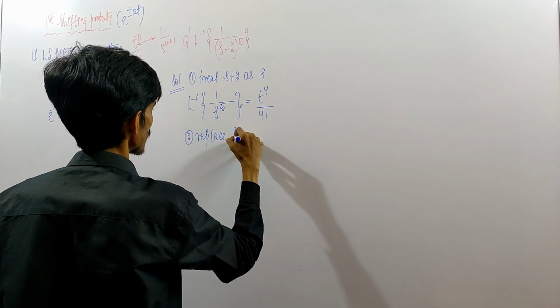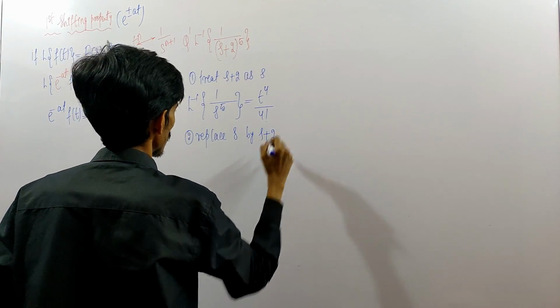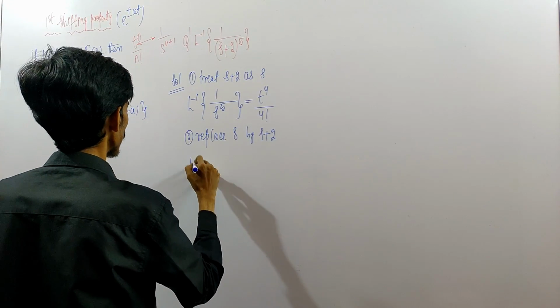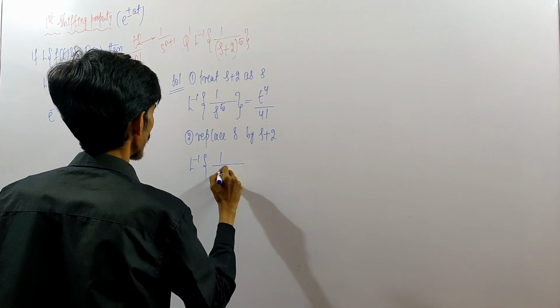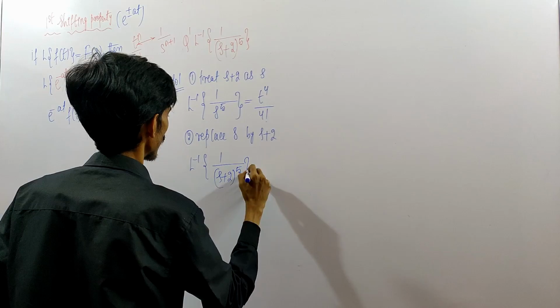Now the next step is replace s by s plus 2. Here we will use the first shifting property. So L inverse 1 divided by s plus 2 whole power of 5.